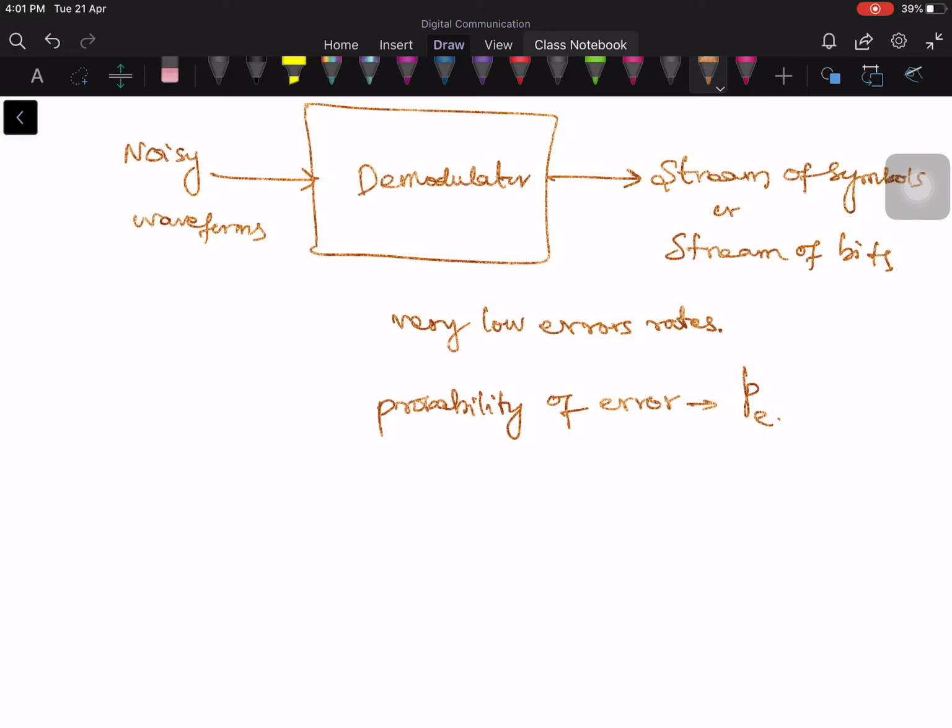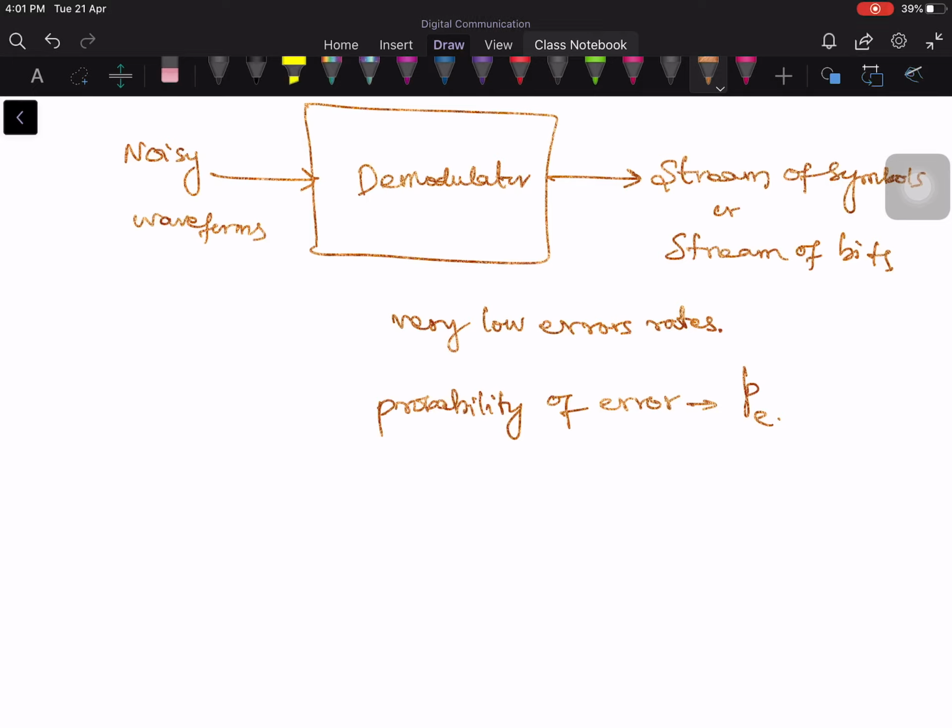For example, generally people will use matched filters or correlation receivers. These two are considered optimal demodulators. And there is a whole theoretical subject in the name of detection and estimation theory, which we will discuss in the upcoming lectures.